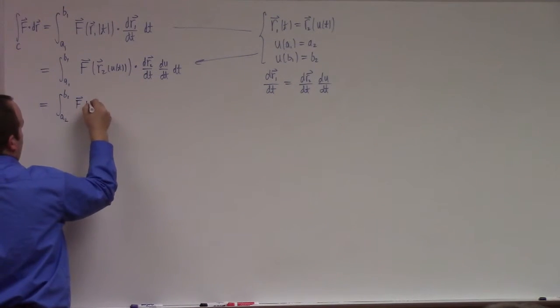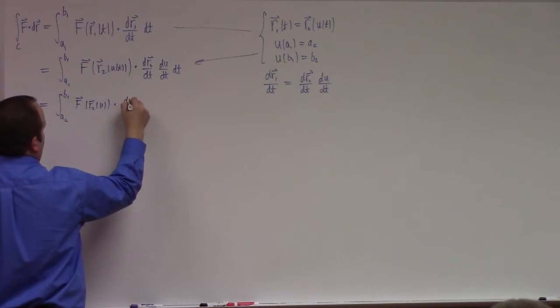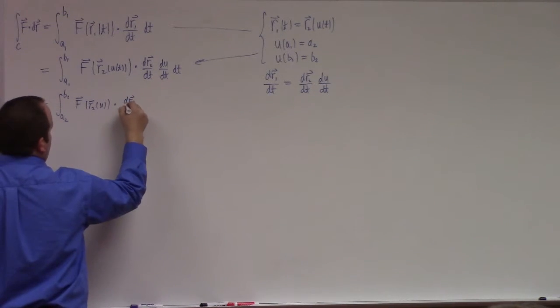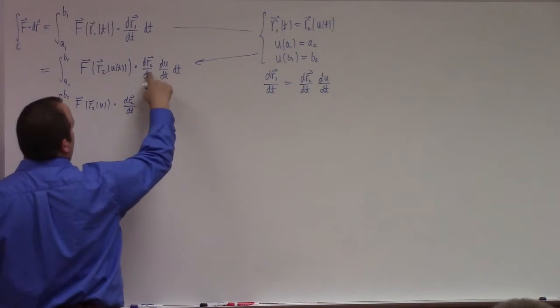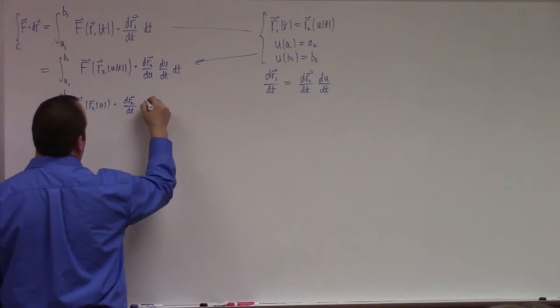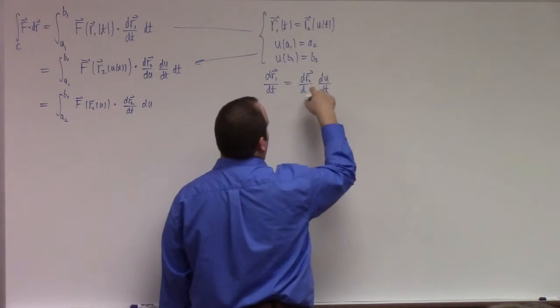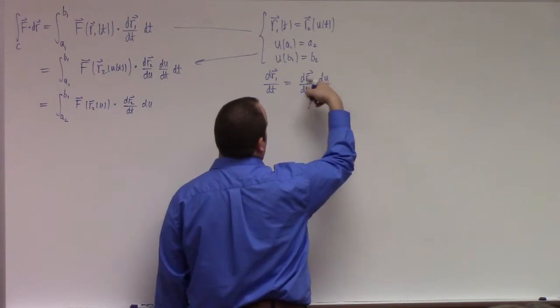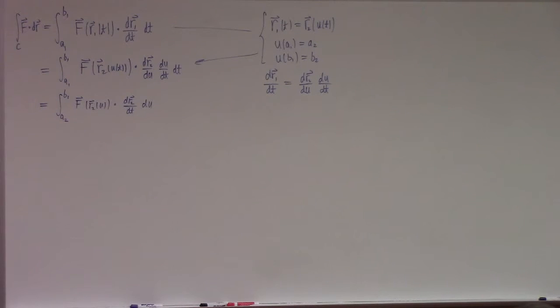And then this is f of r2 of u dotted with dr2 du. Technically, I should really write this dr2 du, that'd be a better notation there, because dr2 is evaluated at u of t.